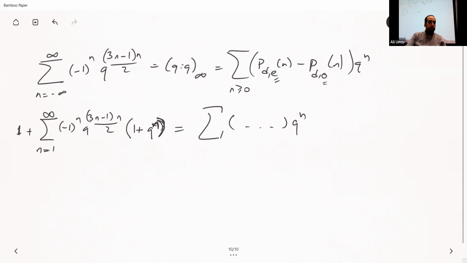So now, yeah, we can compare one-to-one and see that this is actually the case.